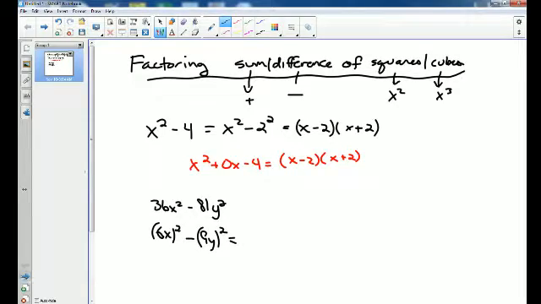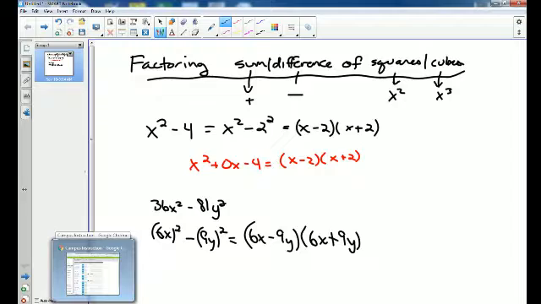No, it'd be 6x minus something squared. It's something squared and something squared, so it's minus and plus. Same thing we did up here, just applied to something with more information.